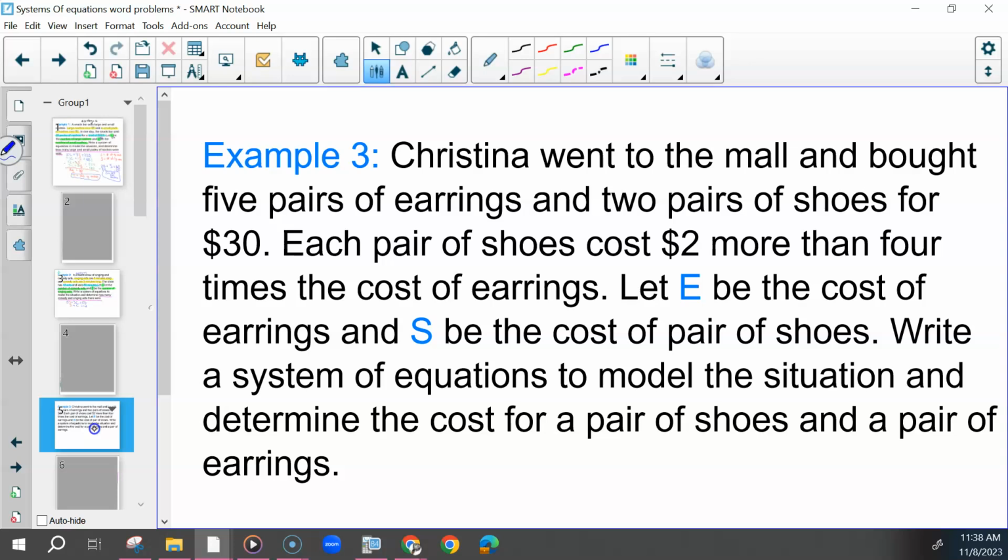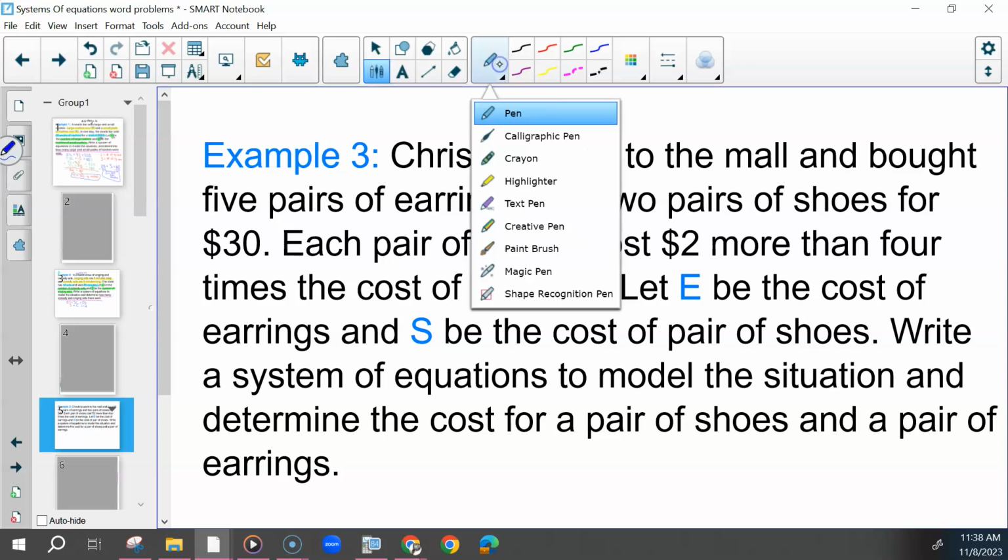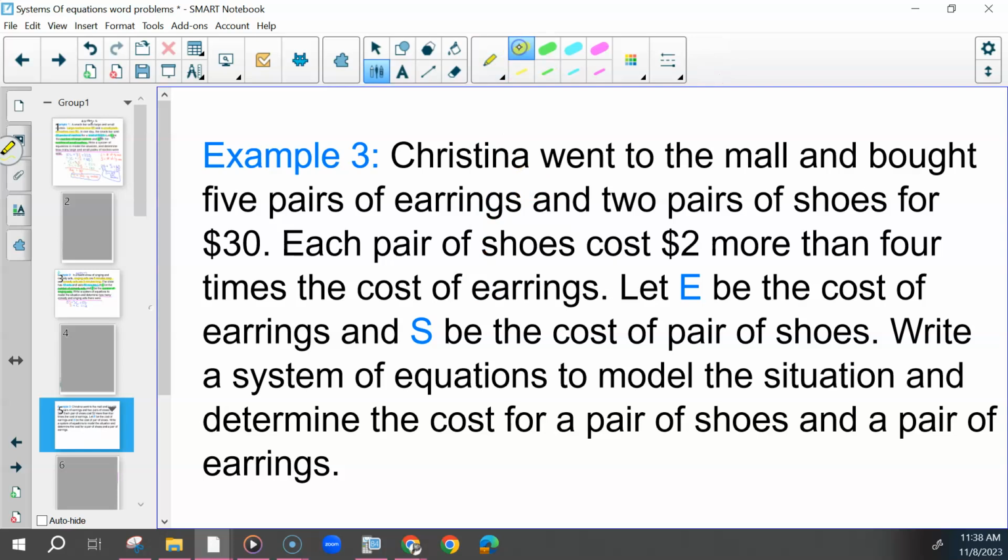What's important? What's important here? Right, more than 4 times. Two pairs of shoes for $30. What else?